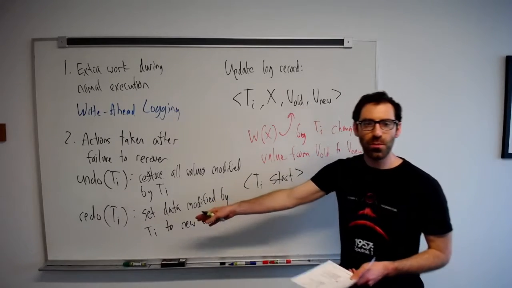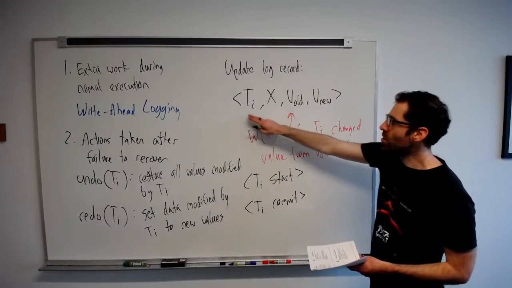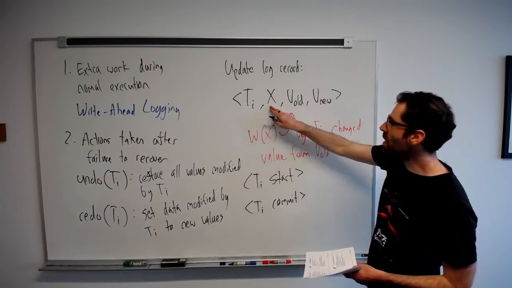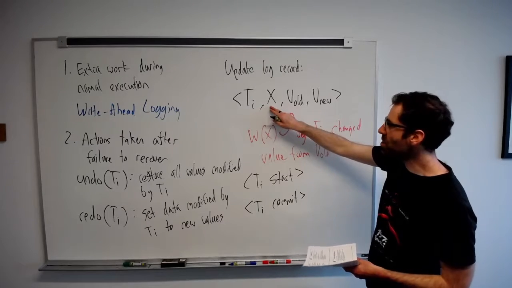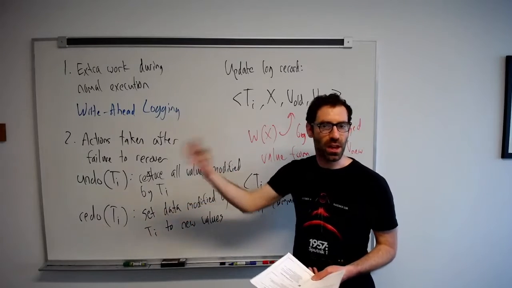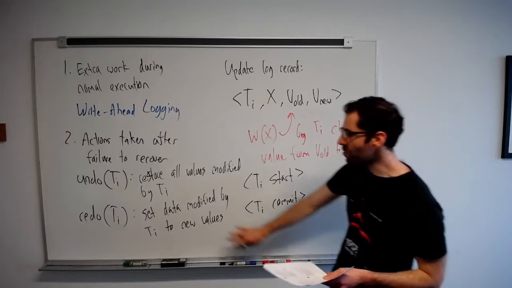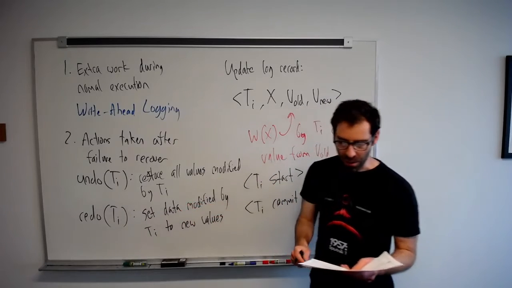So to redo some transaction, we're going through our log and saying, okay, this transaction updated some database objects to this new value. We're going to reapply that update because it may have been lost when the system crashed. And there's no special logging that we do here.